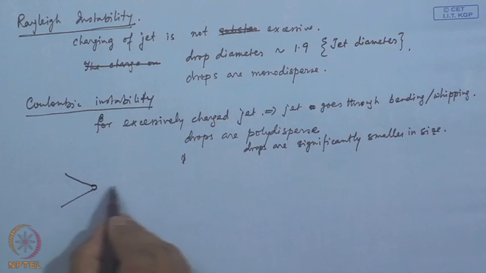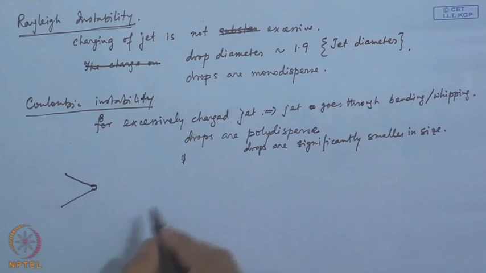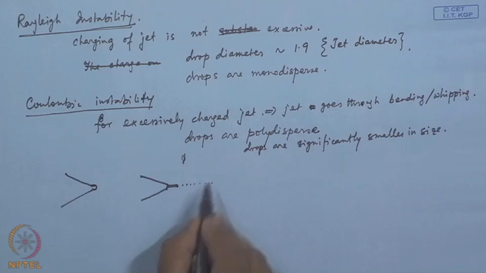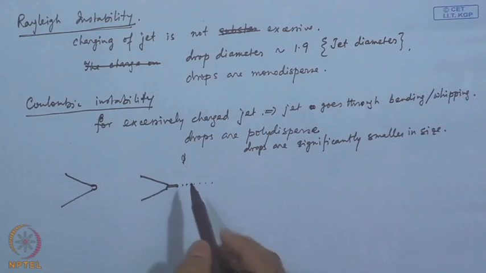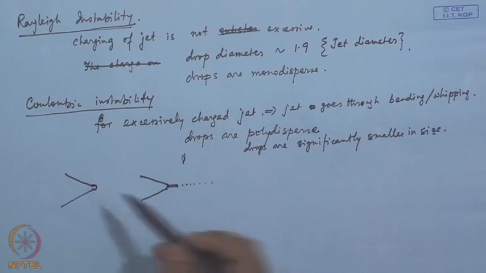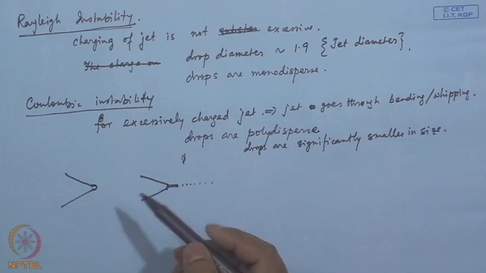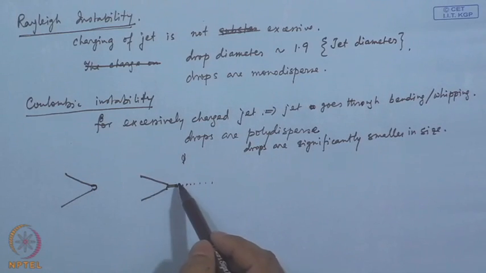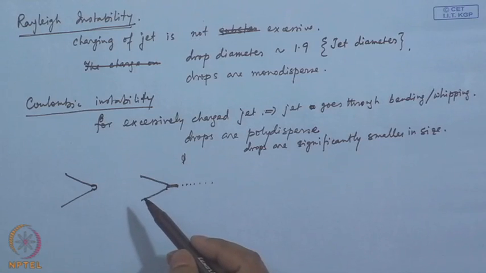The other possibility could be a continuous jet coming out, and then that jet disintegrates into droplets. So, one is referred to in this jargon as pulsating spray mode, another is continuous spray mode. There is a difference between the two.